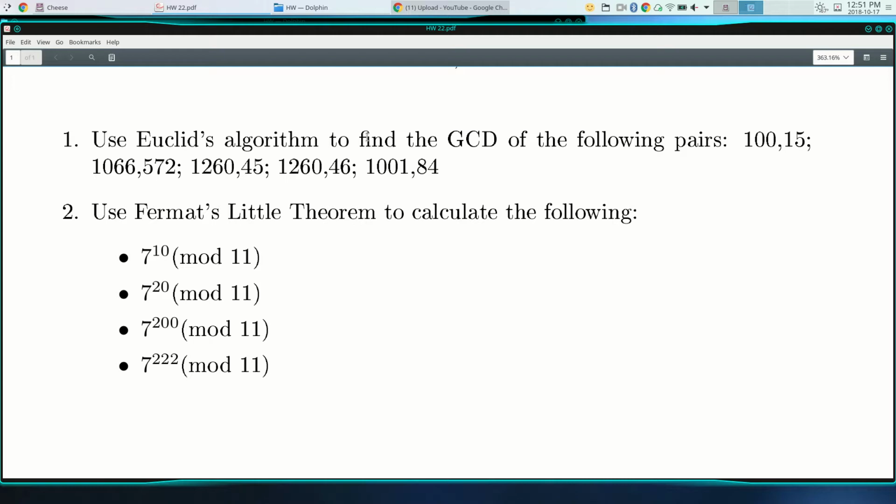1,260. It'd be 1 with the remainder of 78. So it goes into it like 29 times. So 45 over 78 times 6, which gives us a remainder.